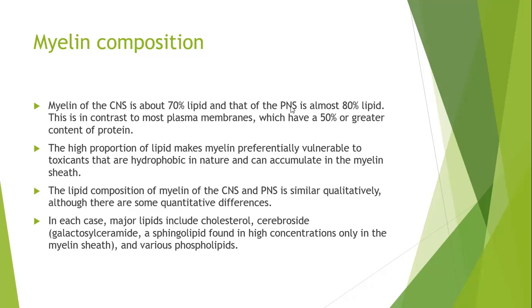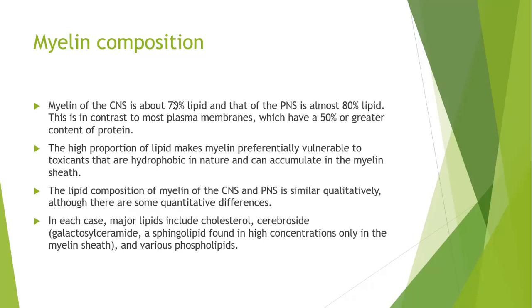So if you take the Schwann cells, the lipid layer forms 80% and only about 20% is protein. If I go to the CNS, this drops down to about 70% and only about 30% will be protein.